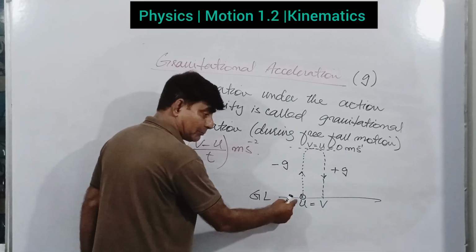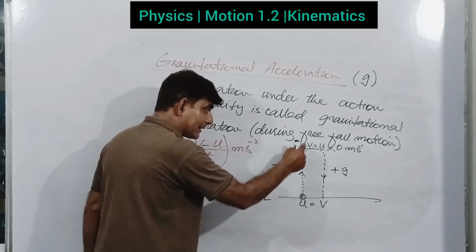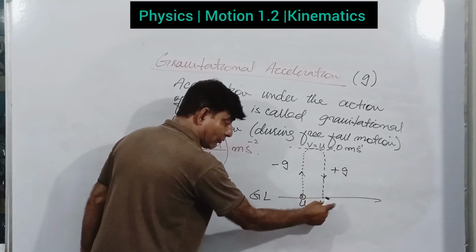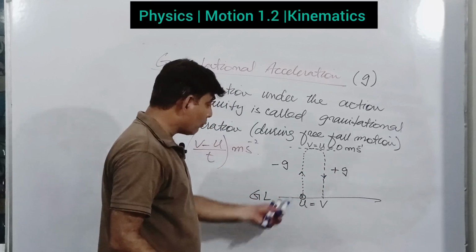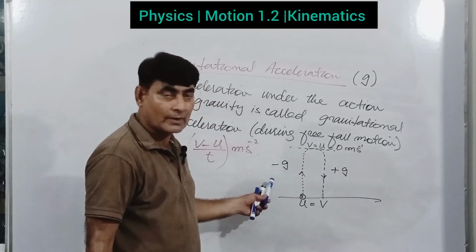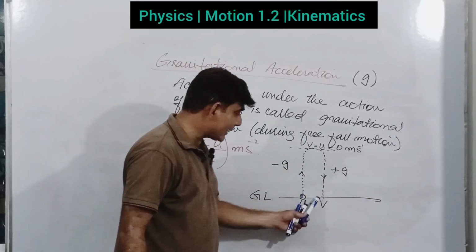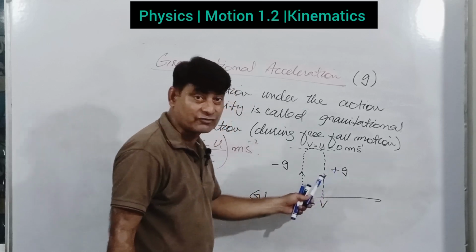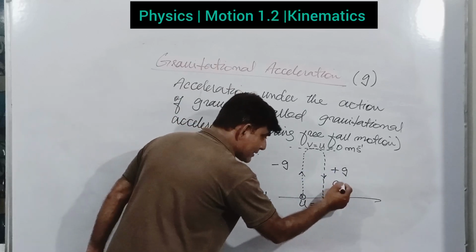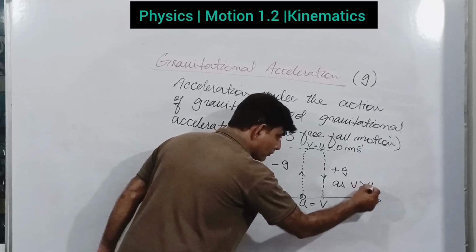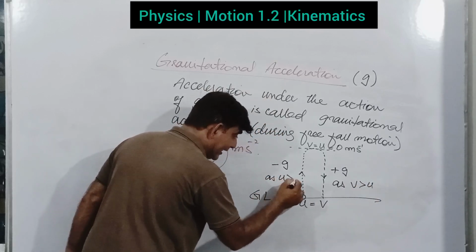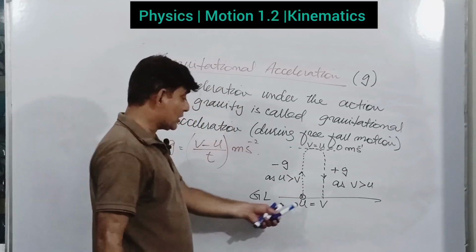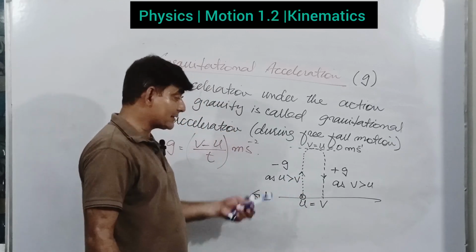Okay, but the initial speed over here must be greater than this one. The final speed over here must be greater than this initial speed, right? In the upward direction we consider the value of g with a negative sign. In the downward direction we consider the value of g with a positive sign. Why? Over here, v greater than u. Over here, u greater than v, initial speed greater than final speed. This is the reason.